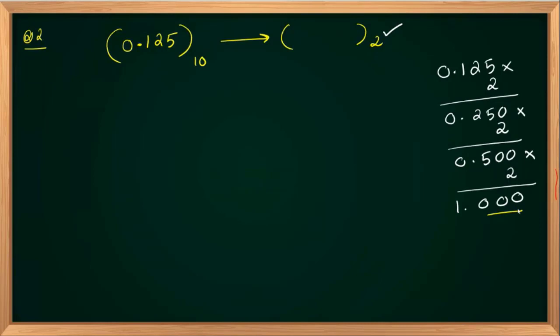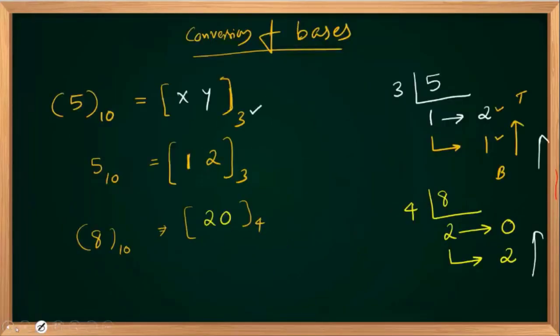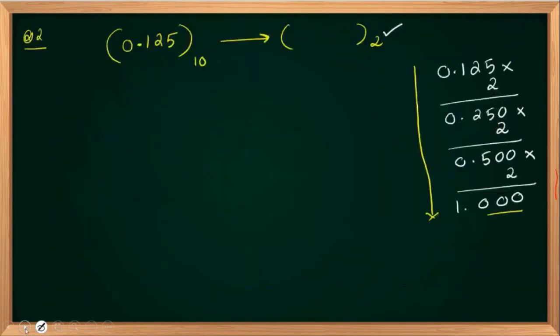Then to write the binary equivalent, I should follow the other order, top to bottom. Here it was from bottom to top, and here it is from top to bottom, for a fraction decimal into an equivalent binary number.